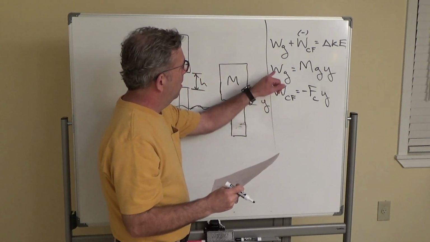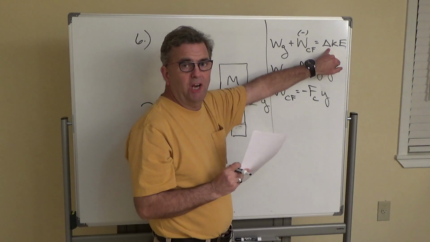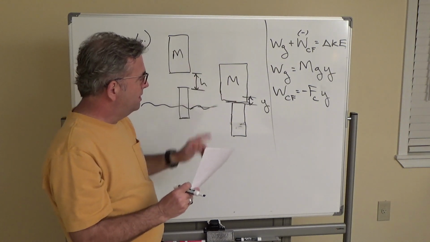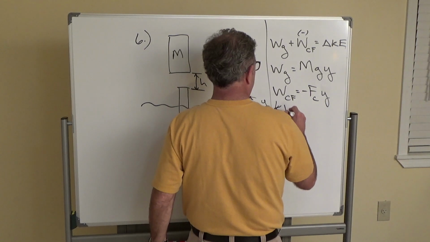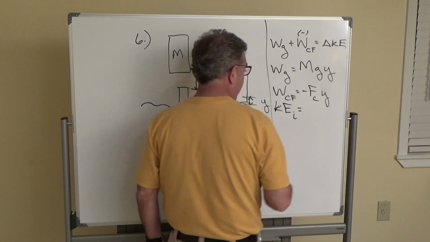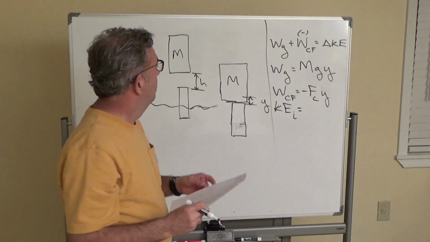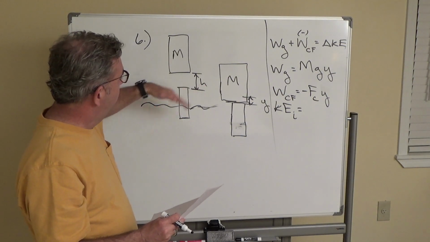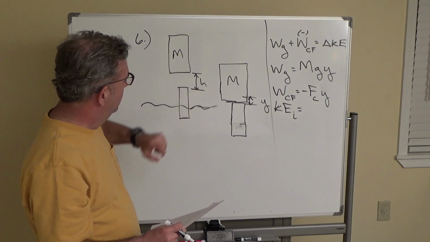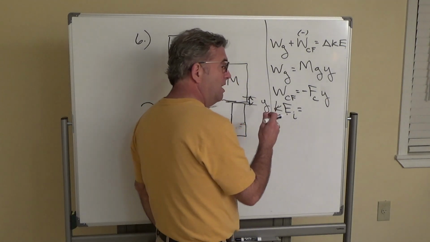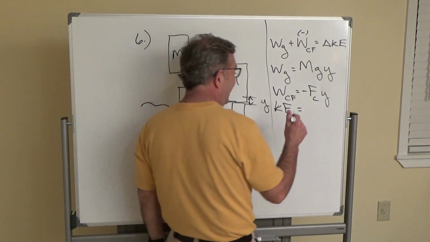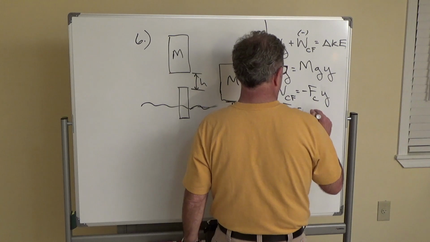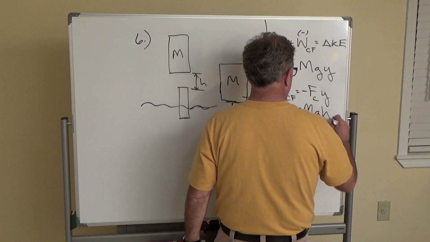So this is the work, and we need to look at the change in kinetic energy of big M. What's the initial kinetic energy for big M? Well, it fell from a height h before making contact with the post. Then the initial kinetic energy was equal to big M, not little m, Mgh, right?